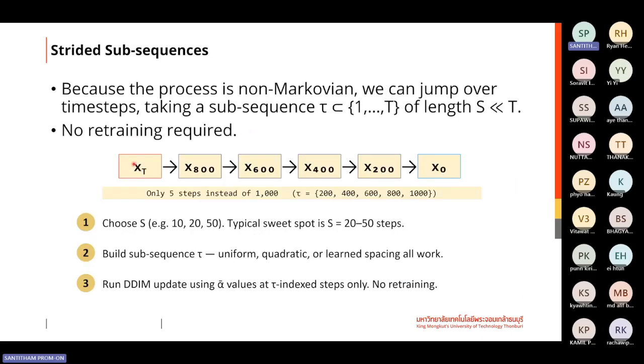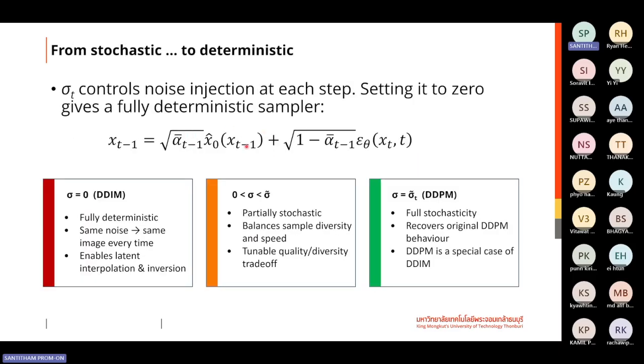So starting from xt, instead of going 1,000 steps to x0, we can have only 5 steps: x800, 600, 400, 200, and then x0. We can have steps that are not depending on the previous one by having this prediction function to predict the x0 at the origin.